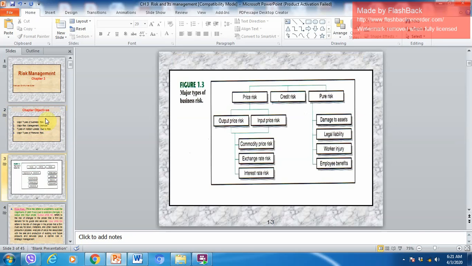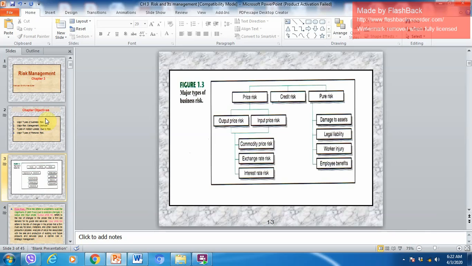Today we will discuss the first topic, and that is major types of business risk. First of all, we see what is the meaning of business risk. Then we go further towards the major types associated with it. These 3 major types are: the first one is price risk, the second is credit risk, and the third is pure risk.